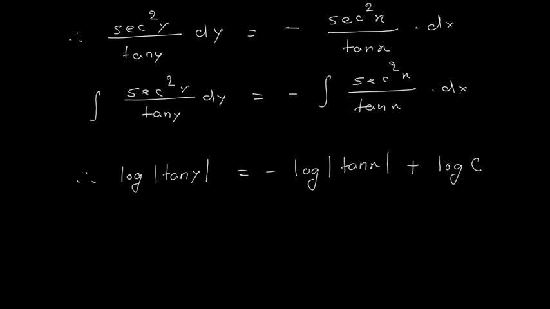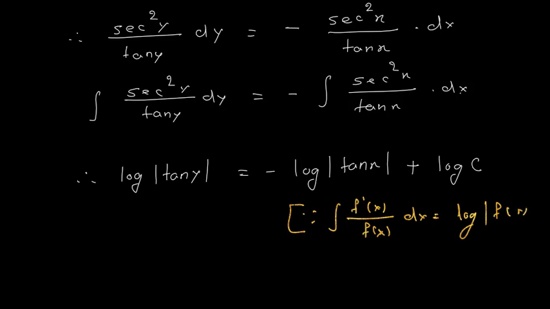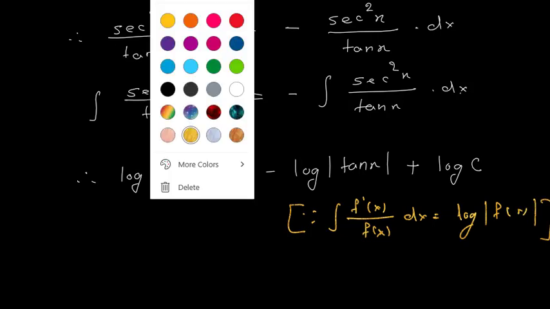And here what concept we have used? We have used since integration of f dash x upon fx dx is equals to log of fx. So this is the concept we have used here.